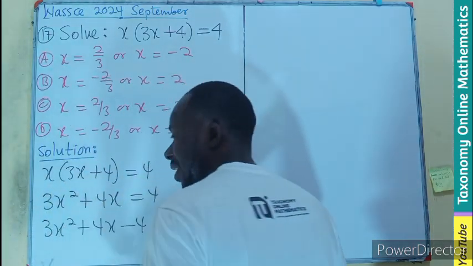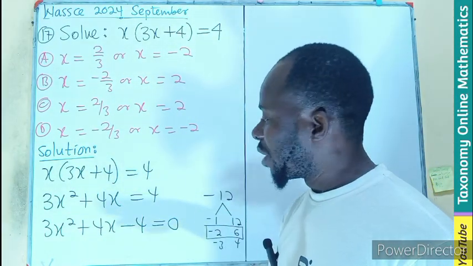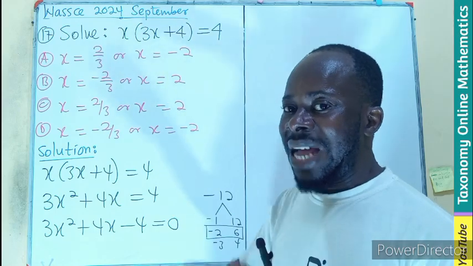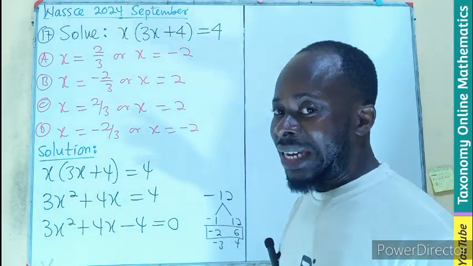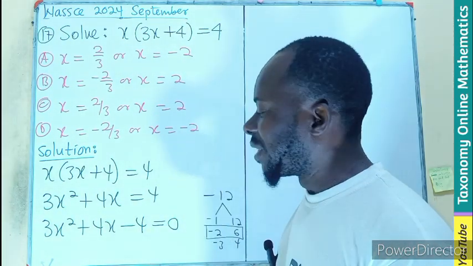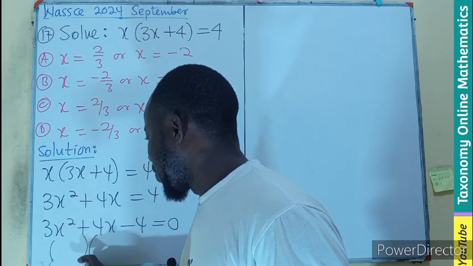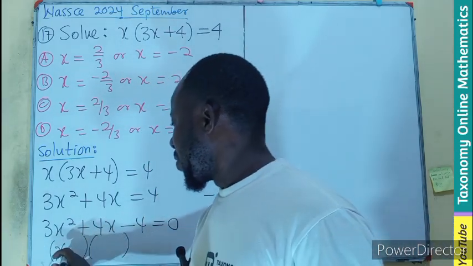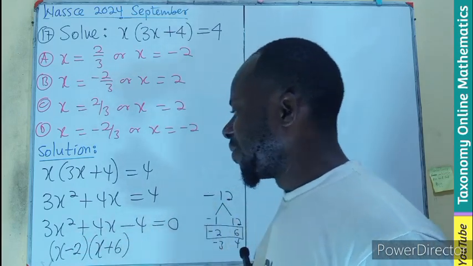Now, in our tutorial on quadratic expressions or equations, we deal with two methods, the shortcut and the direct expansion. I'm going for the short method, then I will later explain the long process. So this is going to be two brackets, the x and the first factor, minus 2, the x and the second factor, positive 6.